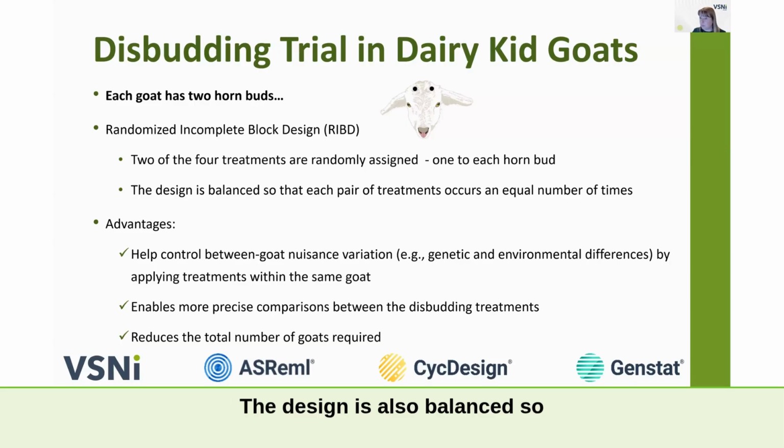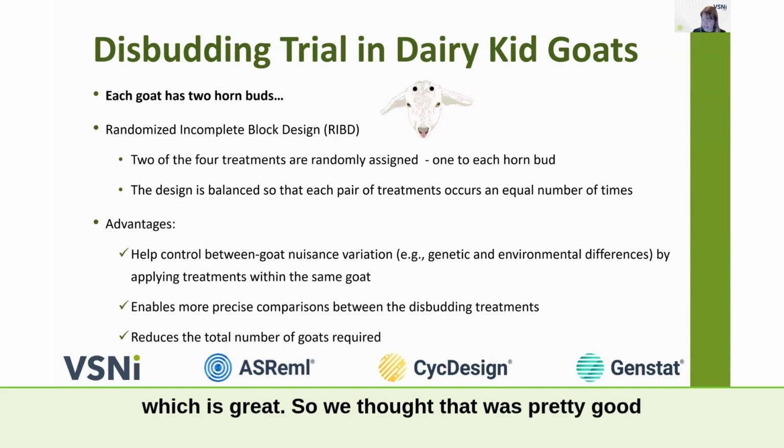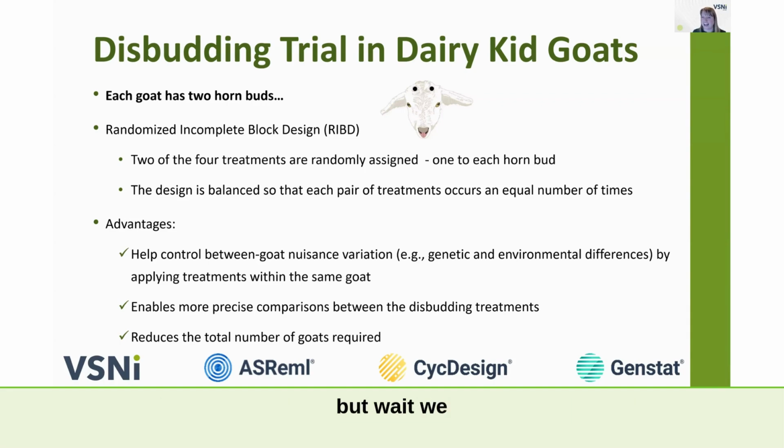The design is also balanced so that each pair of treatments occurs an equal number of times within the same goat across the entire trial. So our proposed design not only helps control for this between goat variation, but it also reduces the total number of goats required, which is great. So we thought that was pretty good.